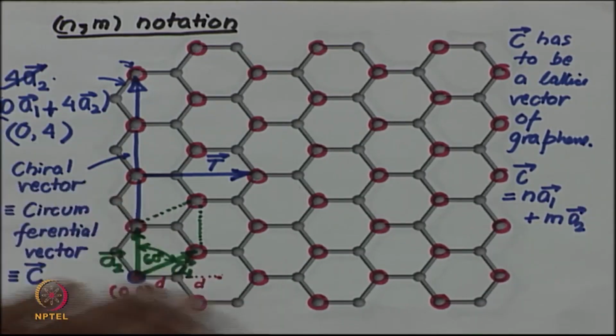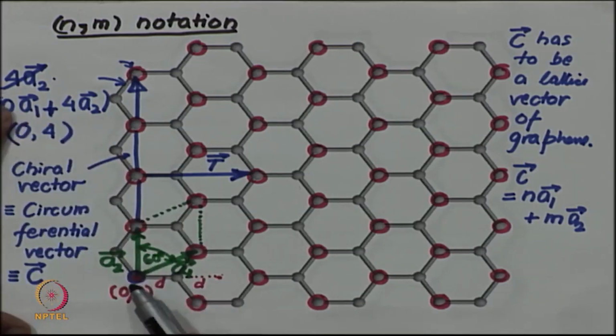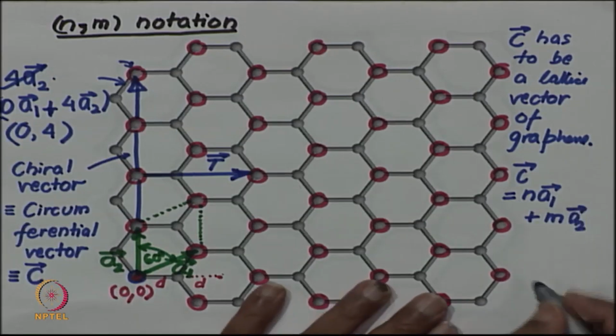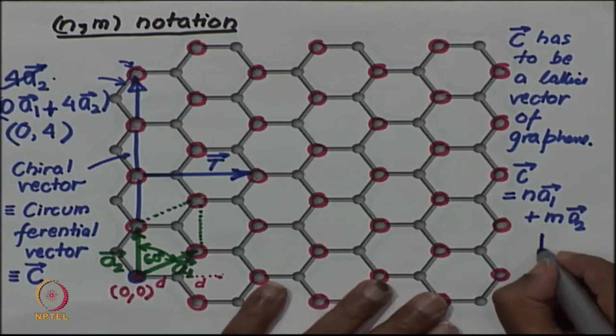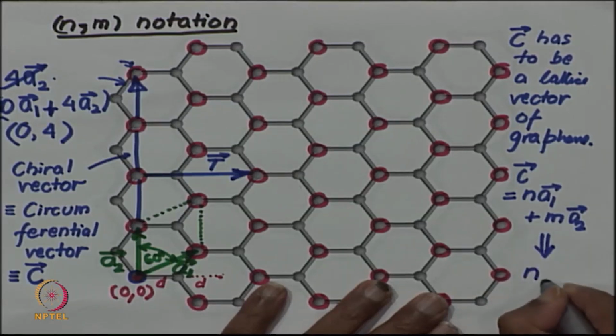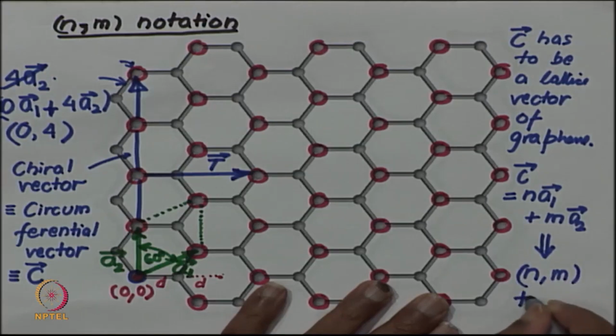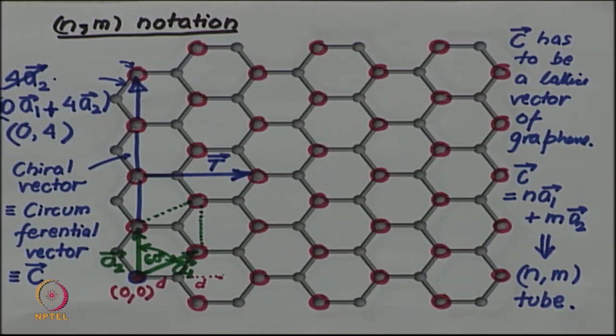Any lattice vector, as you know, since we have selected a primitive unit cell and A1 and A2 are the basis of the primitive vector, any vector in this sheet can always be expressed as n times A1 plus m times A2. So, the resulting tube will be called an NM tube. So, I hope this designation or this notation is clear.